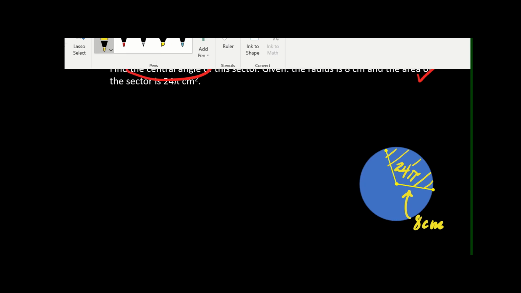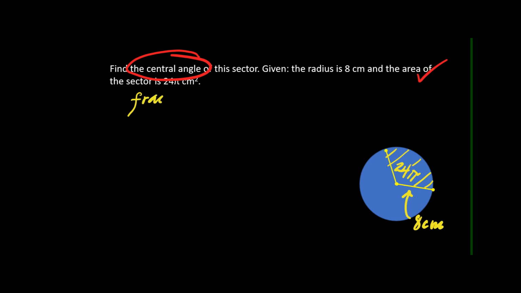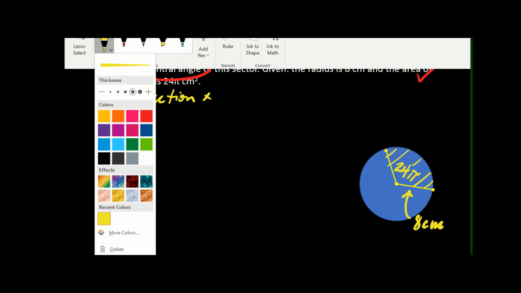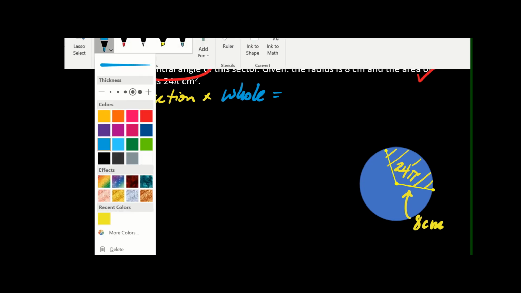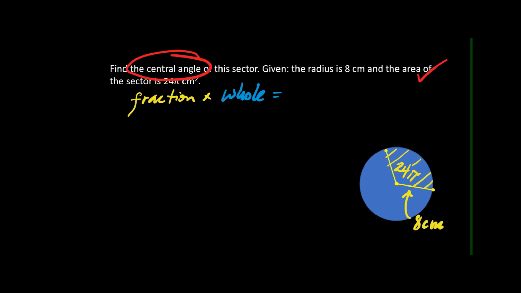It's the fraction times the whole equals this number we've been given. So I'll put that, quote unquote, the answer in red, 24 pi centimeters squared.